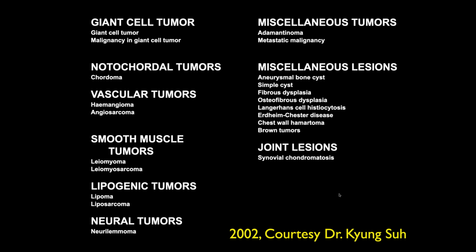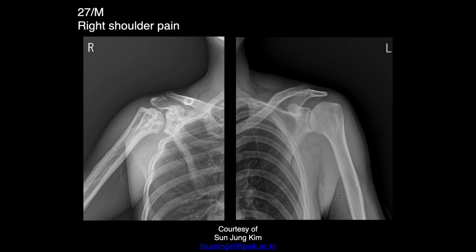So it's a big topic. We won't have time; in the past, we used to have time. I've got a lot more cases with the individual joints, but I doubt we'll have time this year to go through all of the tumor cases. So let's start here.